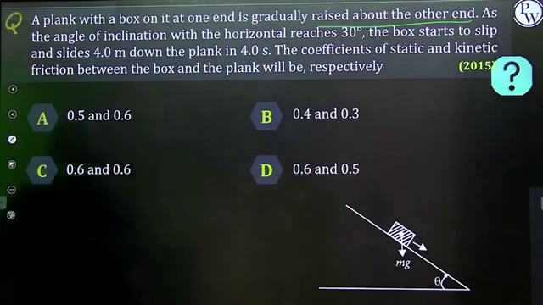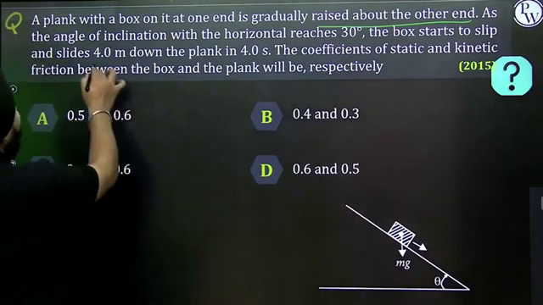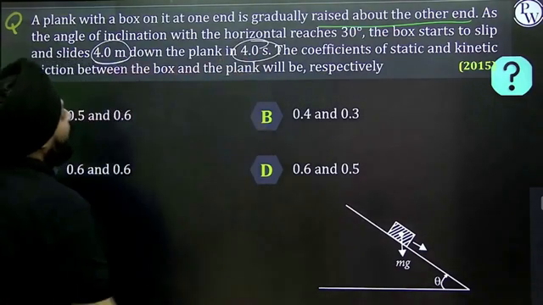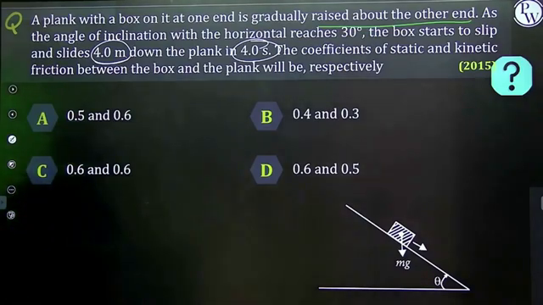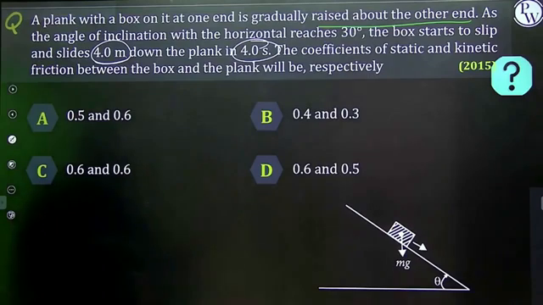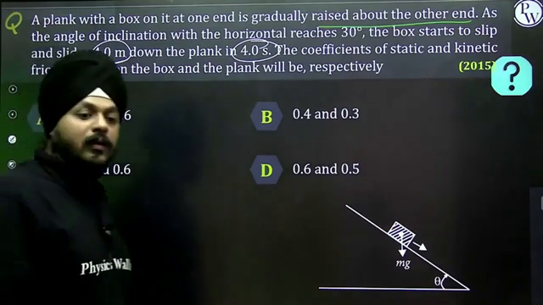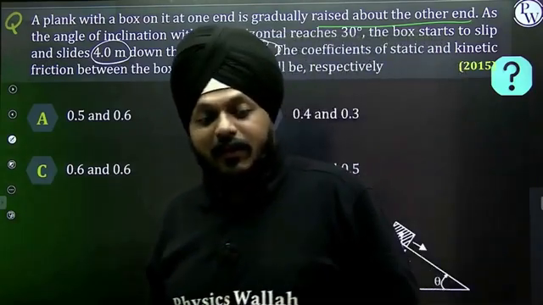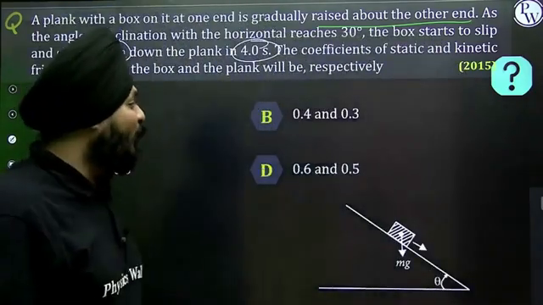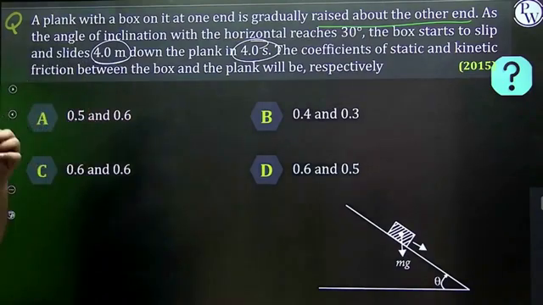The box starts to slip and slides down 4 meters in 4 seconds. The coefficients of static and kinetic friction will be, respectively, what? In this case we need to calculate both.